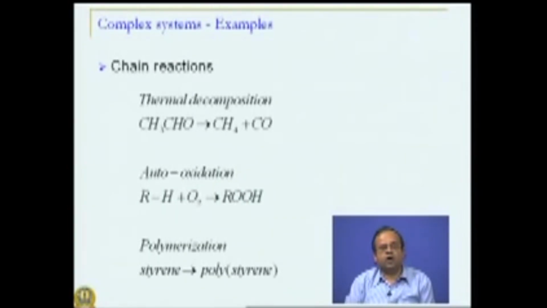Another class of reactions that are often encountered are what we call chain reactions, and there are a few examples which are based on chain reaction mechanisms. For example, thermal decomposition of acetaldehyde giving rise to methane and carbon monoxide, and the auto oxidation process, where a hydrocarbon RH incorporates oxygen within itself and gives rise to an oxidized chemical called ROOH.